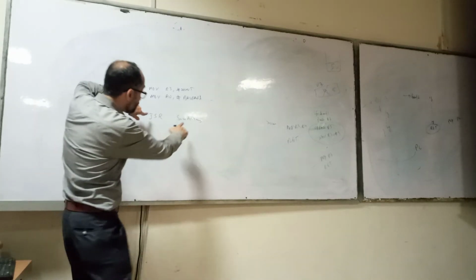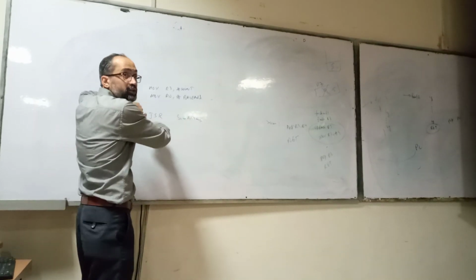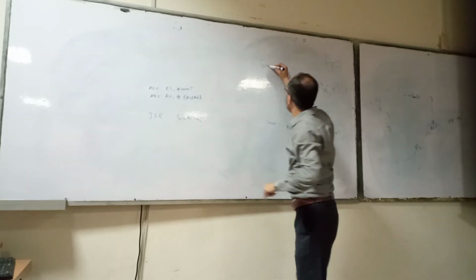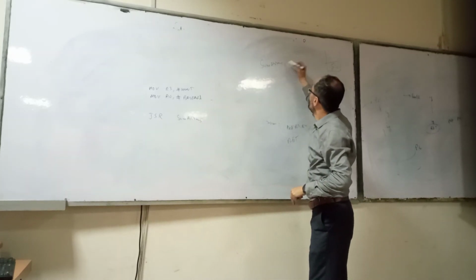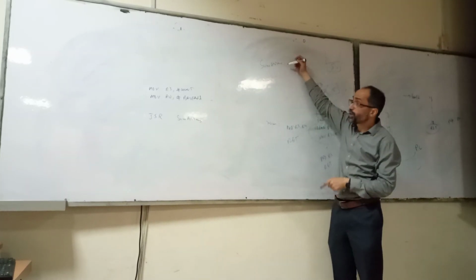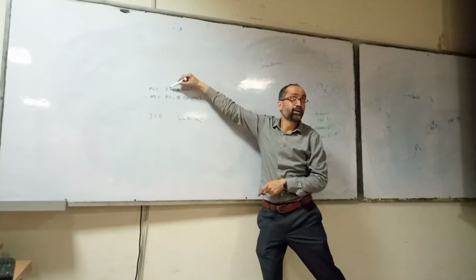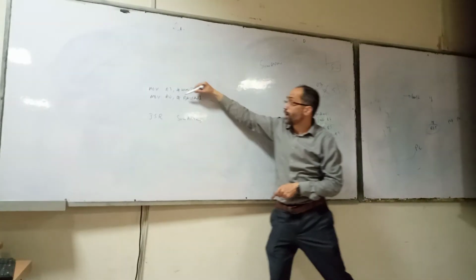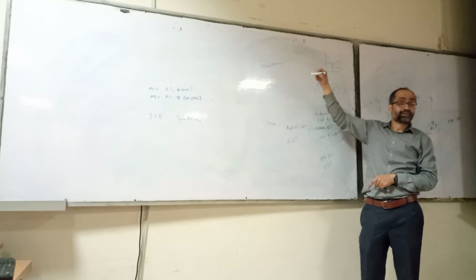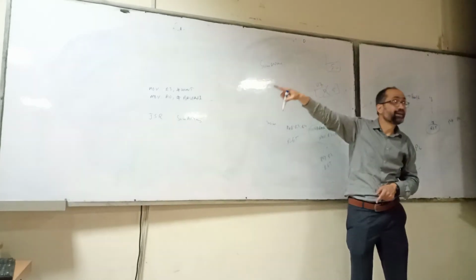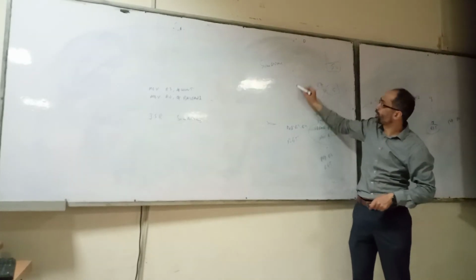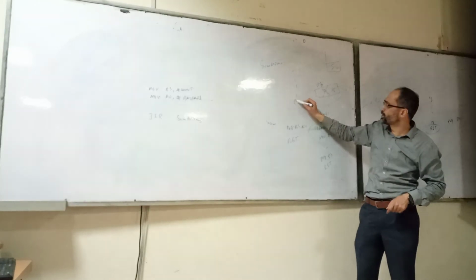Sum of array is a function that assumes the count is in register R3 and the base address is in register A0, and then you can perform the computation.